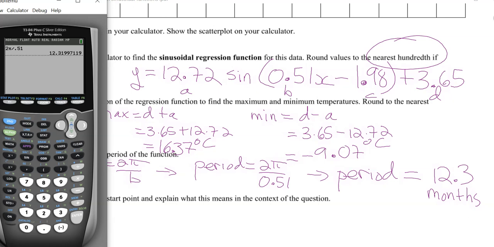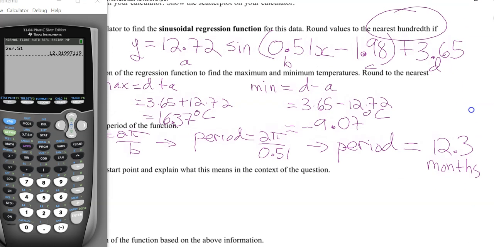The period is 12.3 months. Now, that matches up with what we think it should be, right? Because it should be 1 year. So this says the period is like just a little bit more than a year. Based on the model, remember this is just a model. And on here, because we are finding min and max temperatures, we should put units with those. So 16.37 degrees Celsius, negative 9.07 degrees Celsius.